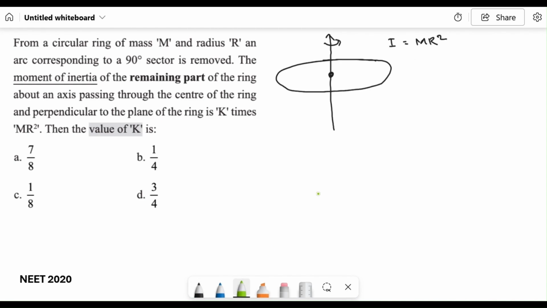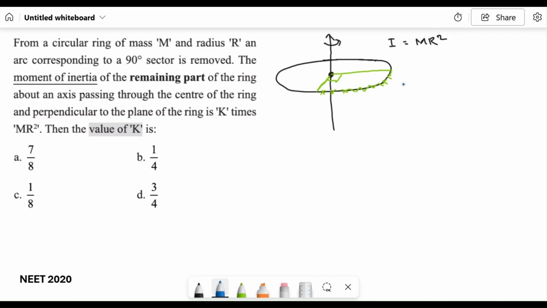Now, what happens? There is a removal of its part, and the length of this arc being removed corresponds to the length which subtends a 90-degree angle at the center. So, in short, we have removed 1/4 of its circumference.